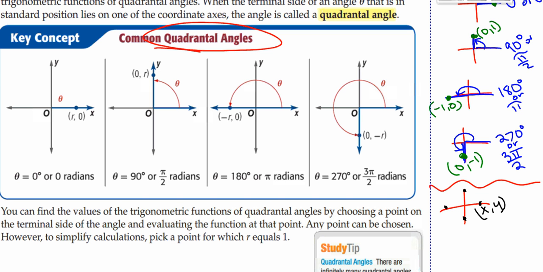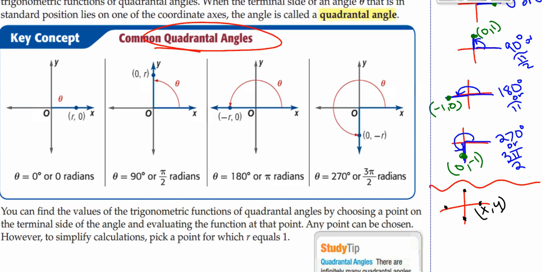It just makes it super convenient. If I picked 5 there, R would be 5, so 5 divided by 5 would be 1. 1 divided by 1 is 1. So it just makes it a little easier as we go. And so again, later on, I'll just draw that one way. So if I can pick any point on the axis and get this quadrantal angle, then I can find those trig values.